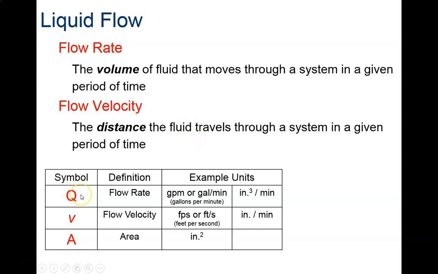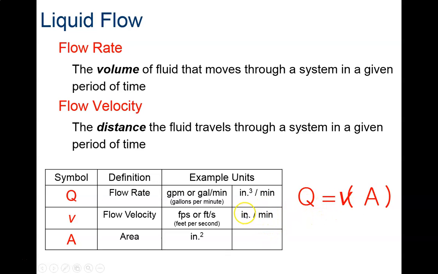So Q is representing flow rate. It doesn't mean heat in this case. When you're talking about fluids, Q is not heat, it's flow rate. V is the flow velocity, and A is the area, and Q equals V times A. So when you multiply your flow velocity times the area, and this is the cross-sectional area of the pipe, then you get the flow rate in inches cubed per minute.